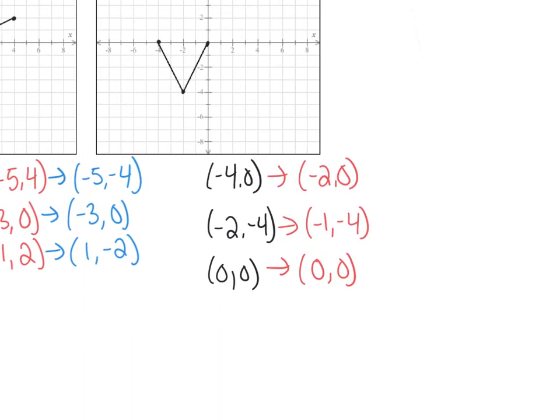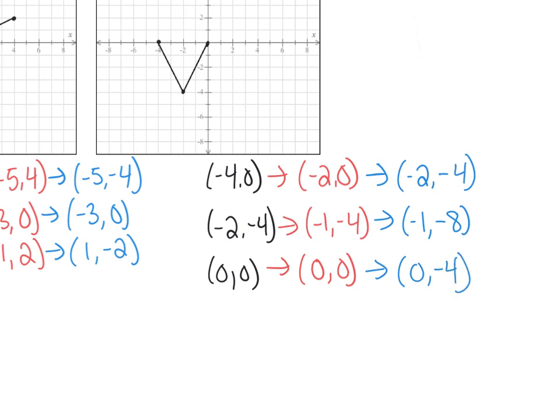Then the next transformation, if I look back up in my paper, tells us to subtract 4 from the y's. So if I do that, I now get -2, and then 0 minus 4 is -4. Then I have -1. -4 minus 4 is -8. And then I have 0, and 0 minus 4 is -4.